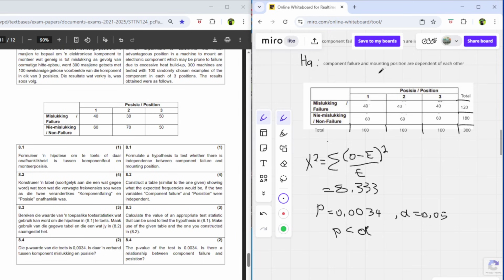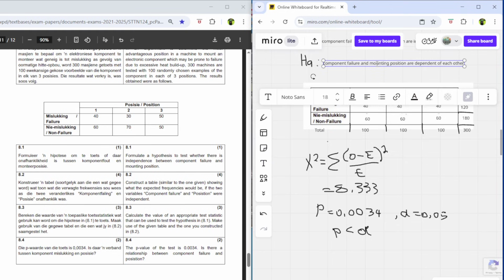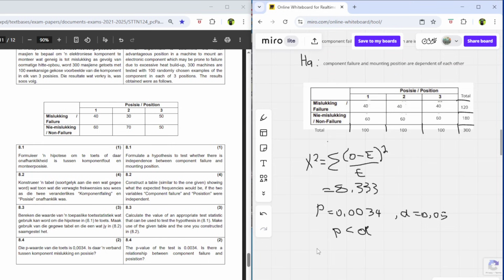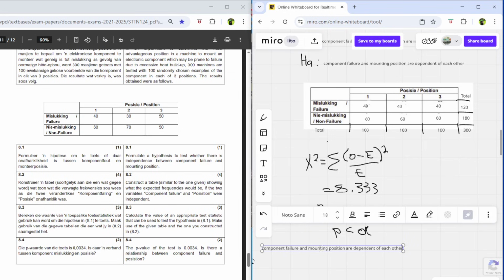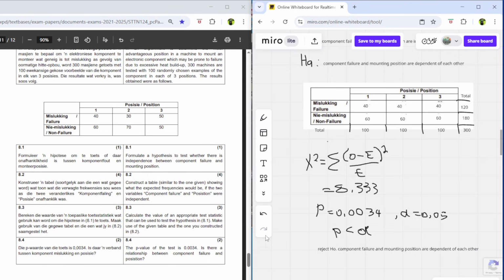You can just take it from this and say, reject the null hypothesis. Therefore component failure and mounting positions are dependent of each other.